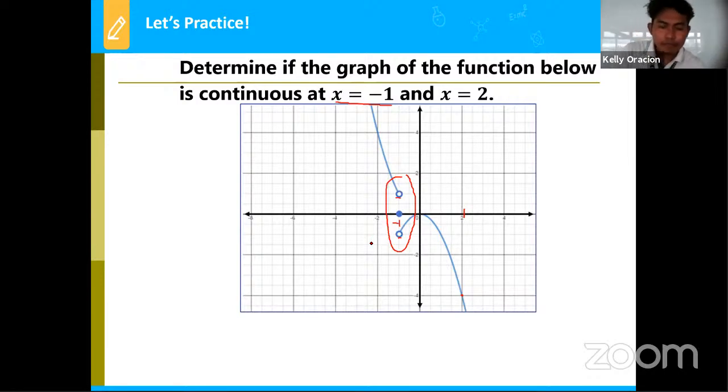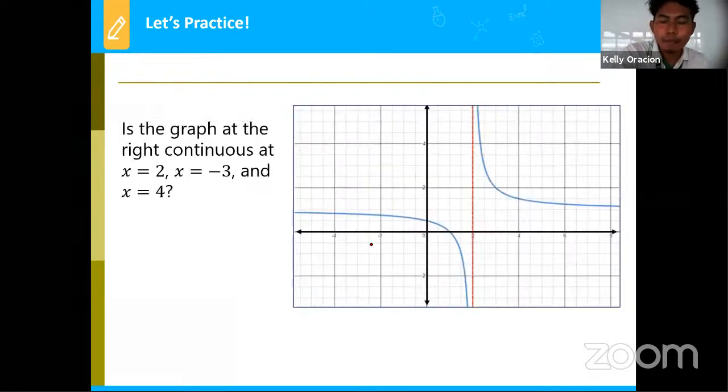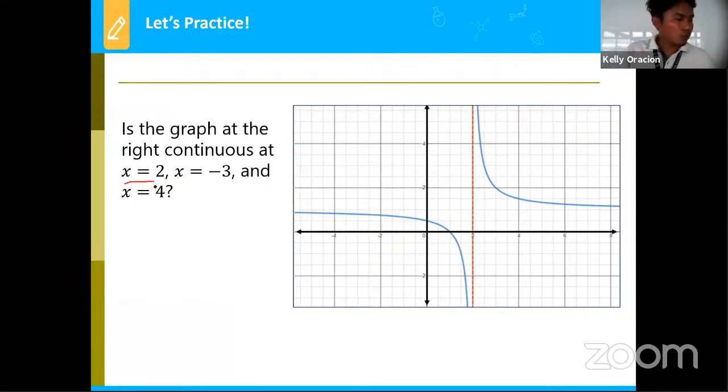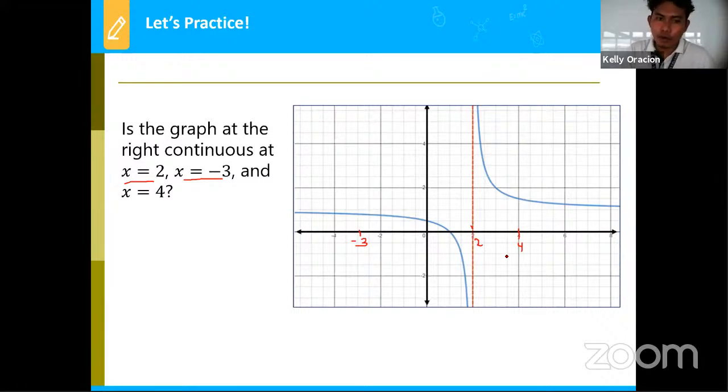Okay? So this time, let's have another situation. Here we have x is 2, x is -3, and x is 4. Let's try to find the 4.